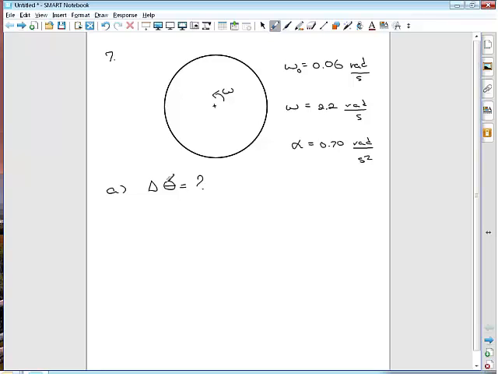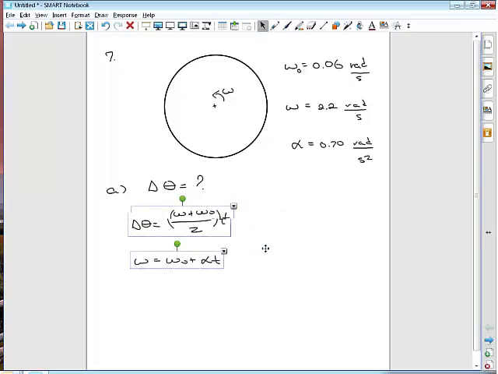So we look at what we have, and we have the 4 equations, and let's just write them down. We have delta theta is equal to omega plus omega 0 over 2, which is the average value, times t. We have omega is equal to omega 0 plus alpha t.